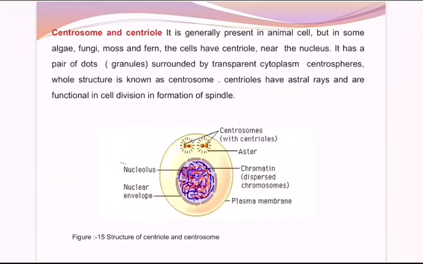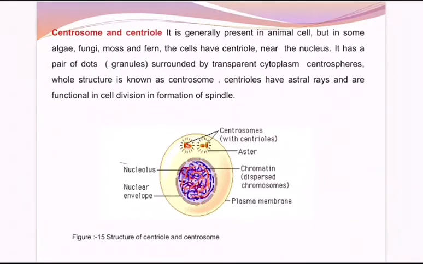What is centrosome? Within the cell you can spot the centrosome. You see two dots and there are astral rays, just like sun rays, around it. It is generally present in animal cells, but in some algae, fungi, moss and fern, the cells have centrioles near the nucleus. This is the nucleus.